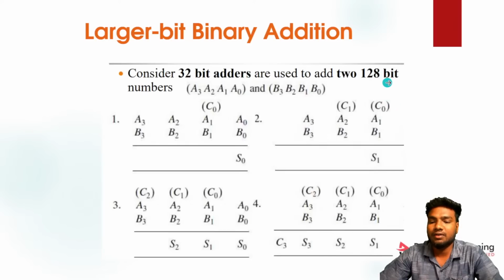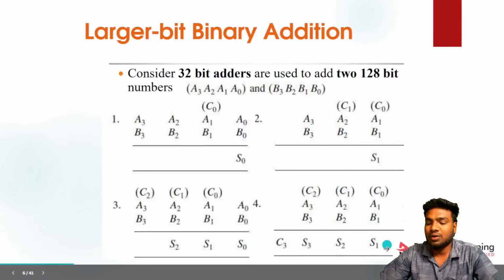If you add, you will get sum 1 and a carry, which goes to the next addition. Then sum 2 carry 2, sum 3 carry 3, until we reach the MSB, the most significant bit. So these are the basics of binary addition.